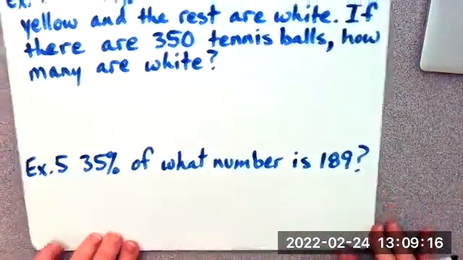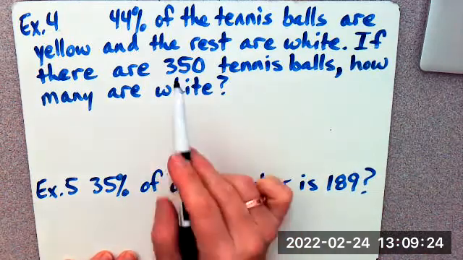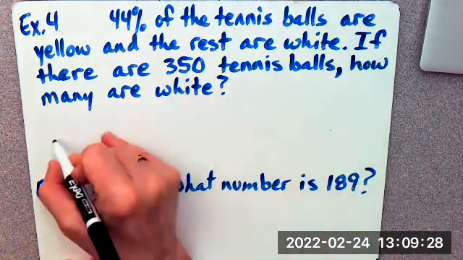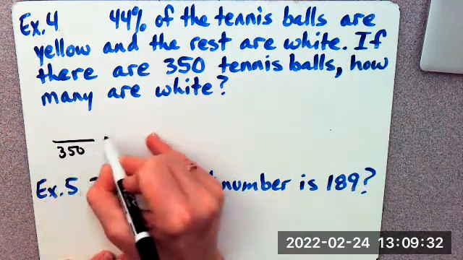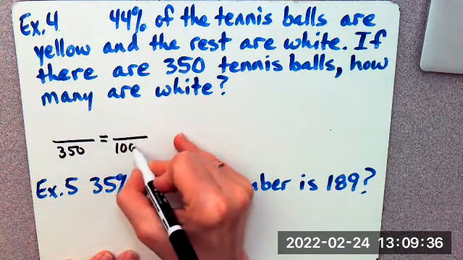All right, so here we go. 44% of the tennis balls are yellow and the rest are white. If there are 350 tennis balls, how many are white? So we know that the original amount of tennis balls is 350. We will compare that to 100%.